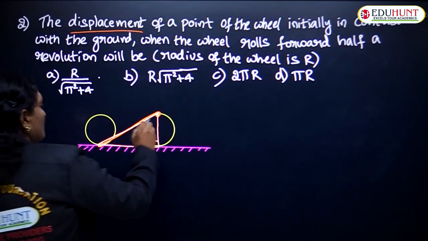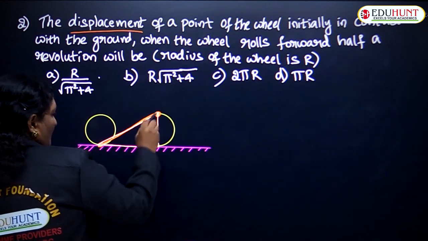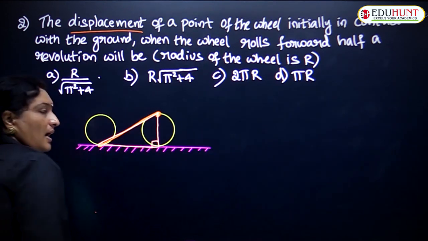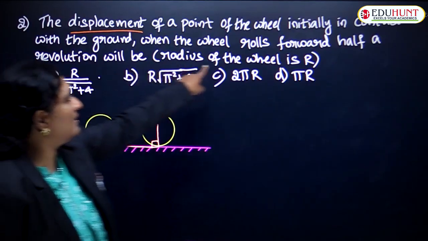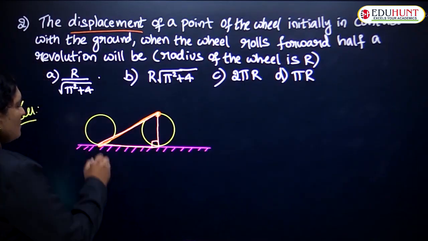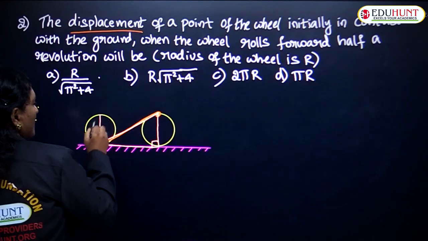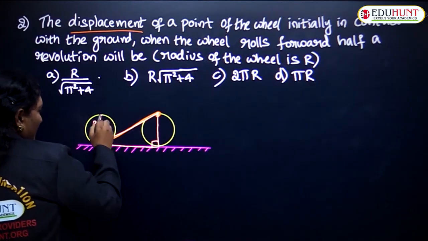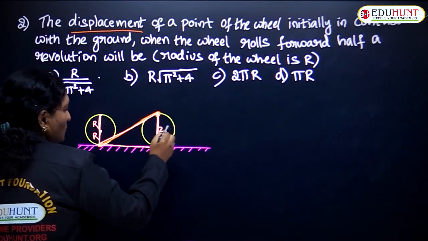The hypotenuse squared equals the sum of the squares of the other two sides. Given that the radius of the wheel is R, from here to here is R, and here to here would also be R. So the diameter of the wheel is 2R.